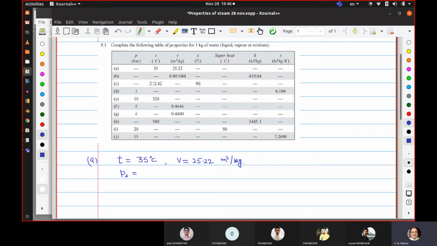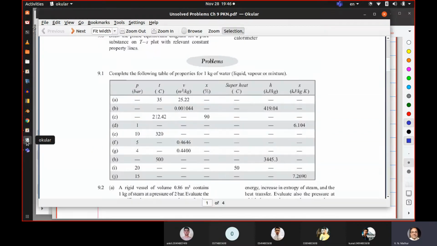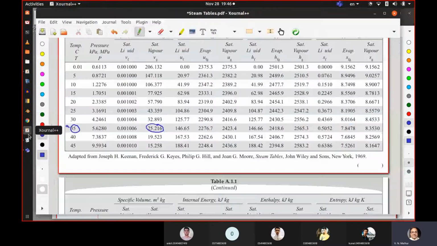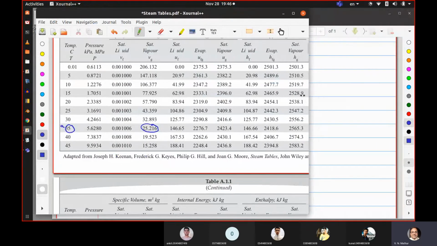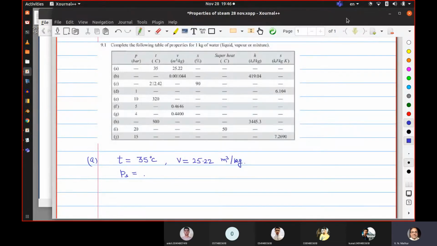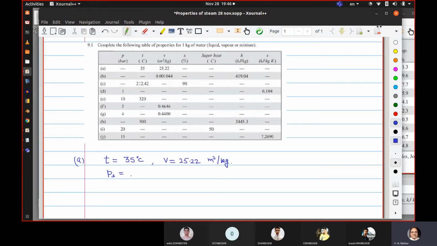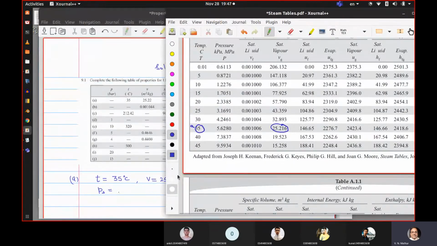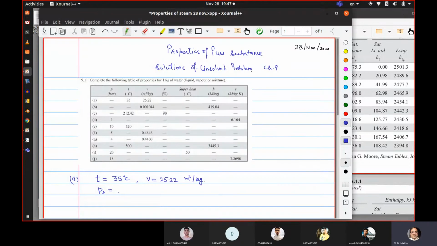So this is saturated pressure and the value is, where is the table? 5.628. So it's 5.628 and it's kilopascal. So the pressure is 5.628 kilopascal.